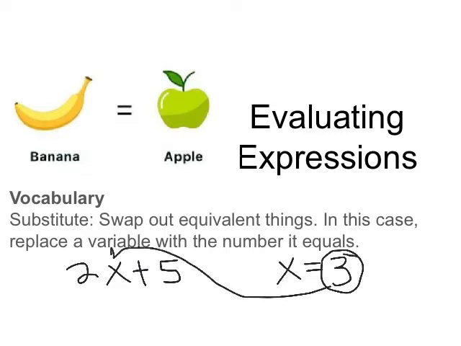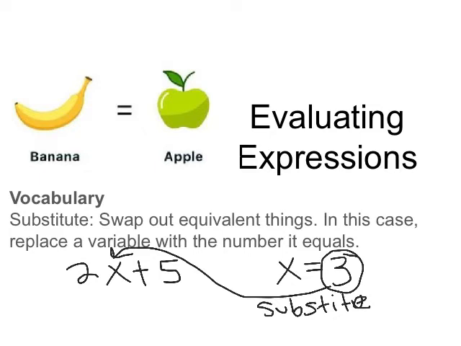So you put the 3 in the right spot. That's the substitution right there. Substitute. And then you can do the math, so you can figure out what that would become.